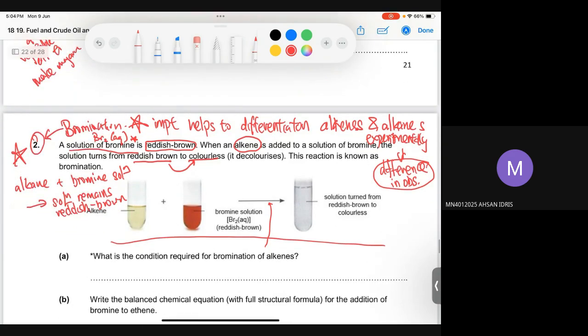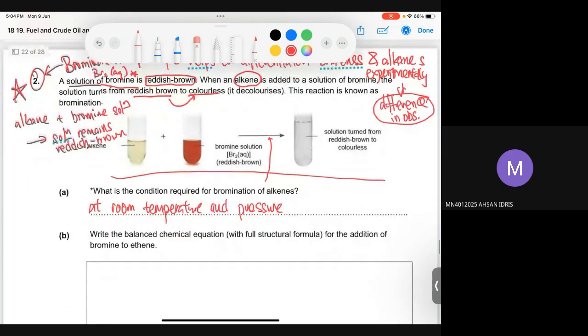So there is no specific condition, just room temperature and pressure. You just add the two things together at normal room temperature and the reaction will occur. You don't need to heat it up or add a catalyst. That is the condition for bromination.